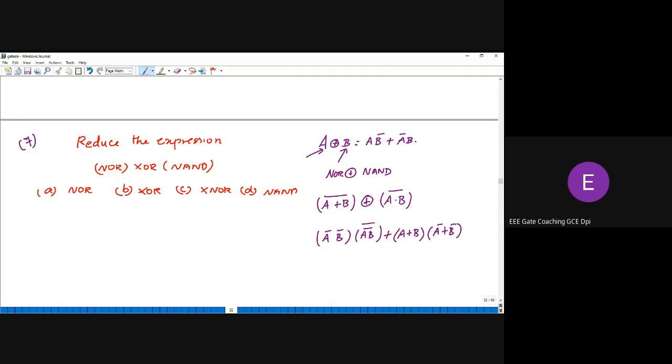So I can rewrite this as A bar B bar into AB plus, what is A into A bar? A into A bar is 0. So this is 0, and this is A B bar plus B A bar plus 0. So what is A into A bar? This is 0. This is nothing but A B bar plus B A bar.